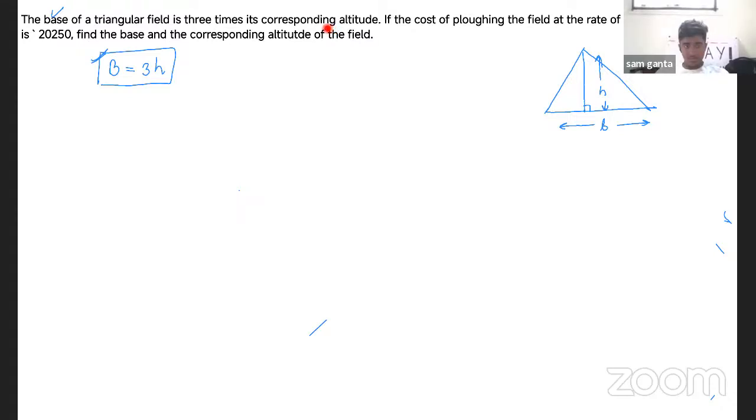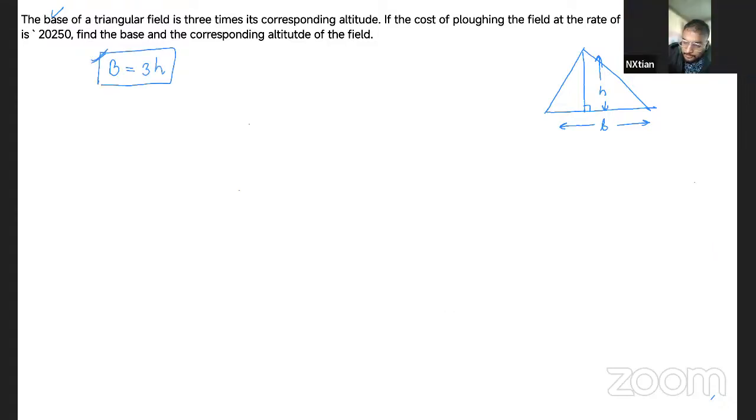If the cost of plowing the field at the rate of 15 per square meter is 20250, then find the base and the corresponding altitude. So for example, the cost of plowing the field at the rate of 15 per square meter.